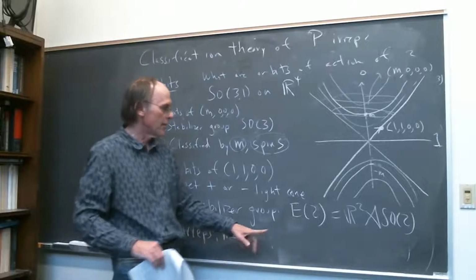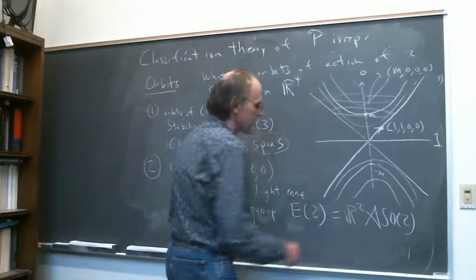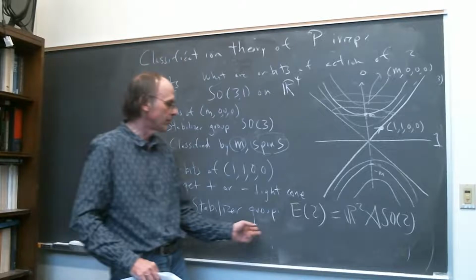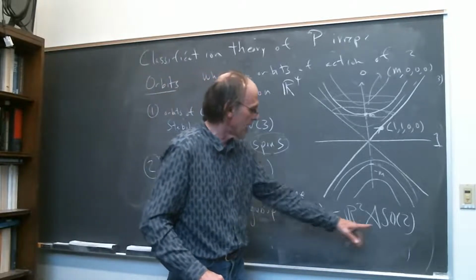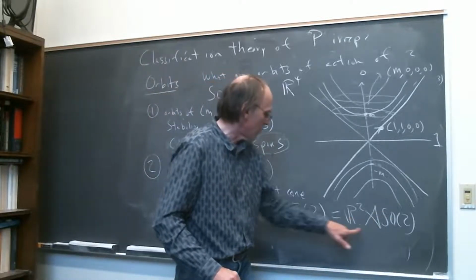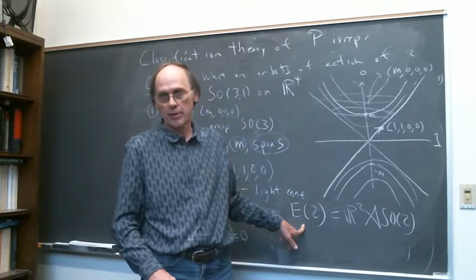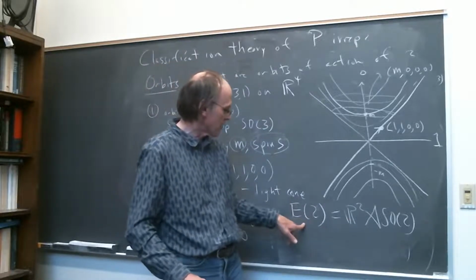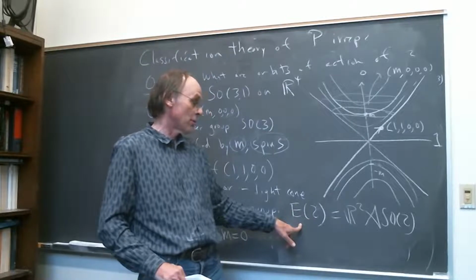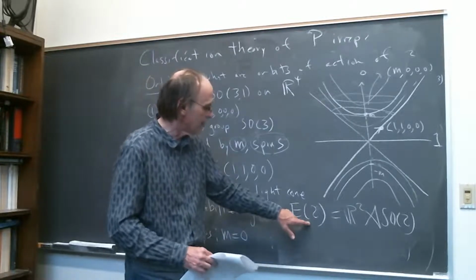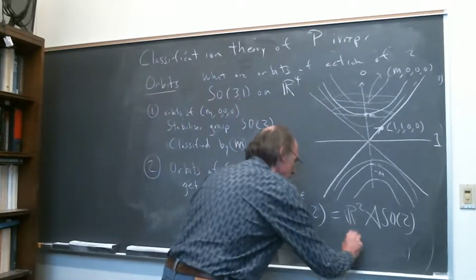But then what you want is that they're supposed to be classified by the irreducible representations of the stabilizer group. Okay. Now remember the irreducible representations of the stabilizer group E2.